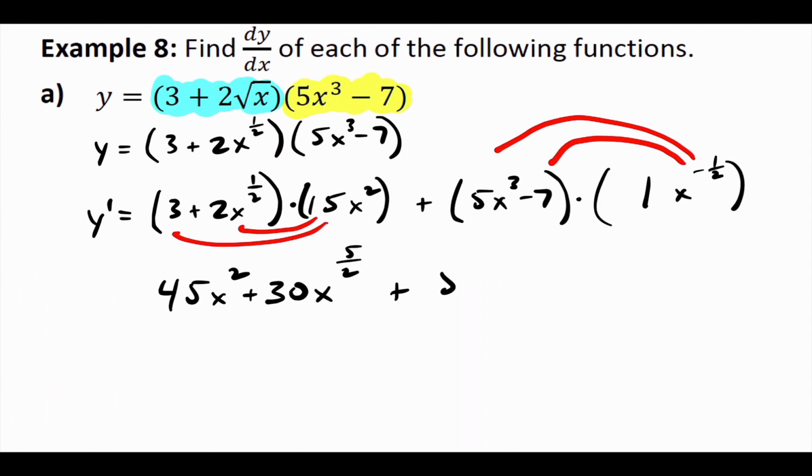So it's going to be 5x. If I add 3 plus a negative 1/2, I get 2.5 again. 5/2. And then 1 times 7 is negative 7, x to the negative 1/2.